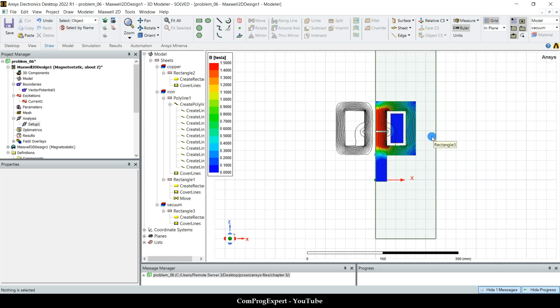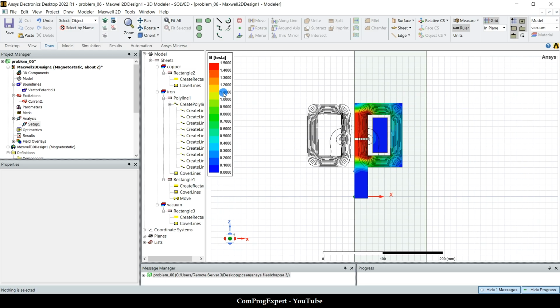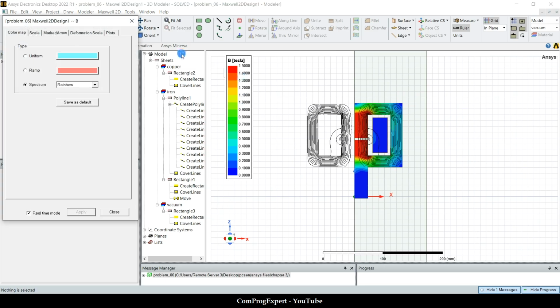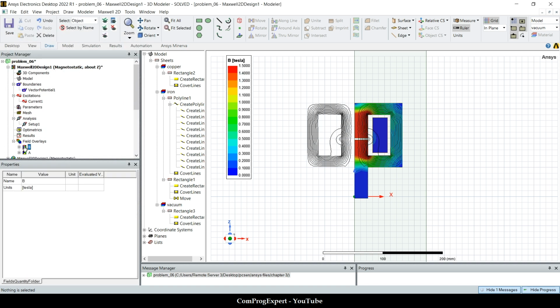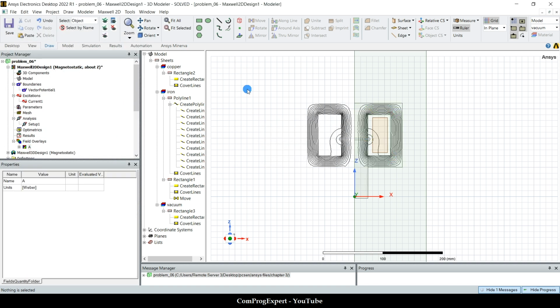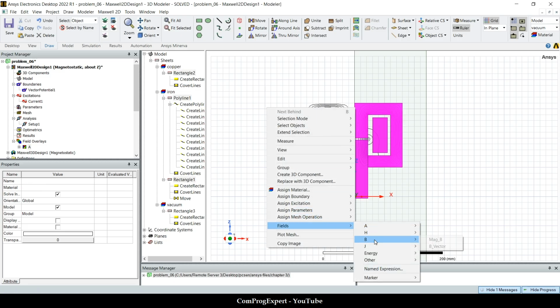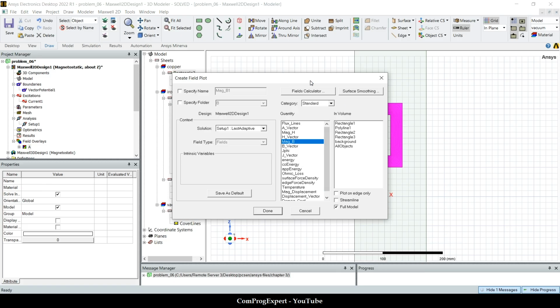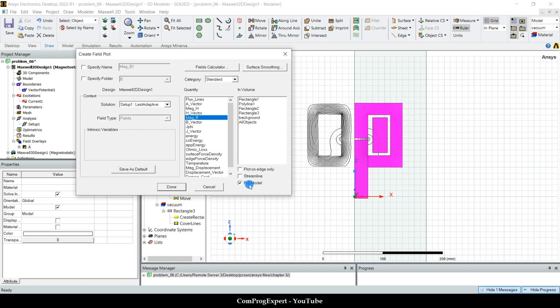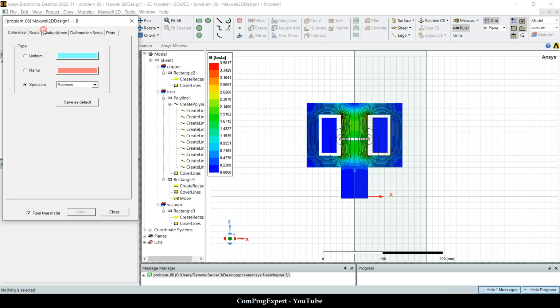We have symmetry in the cylindrical coordinate system, even when you generate the B plot, the flux density plot. You can consider that. So if I select these three objects, the magnitude of B, you can select the full model. So we have this case.